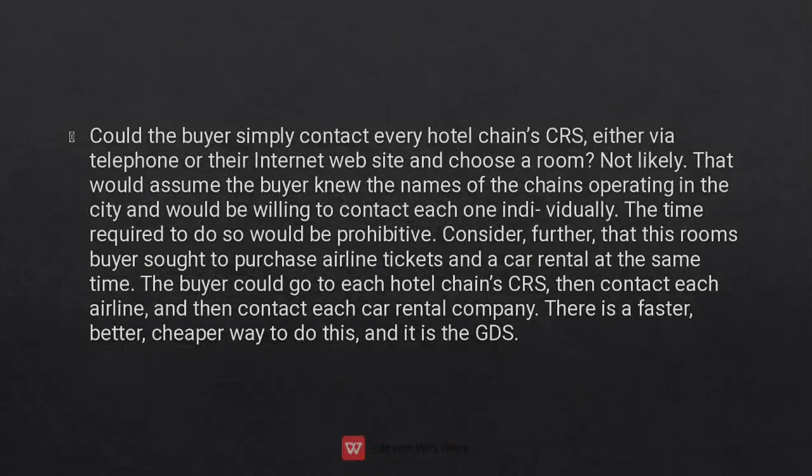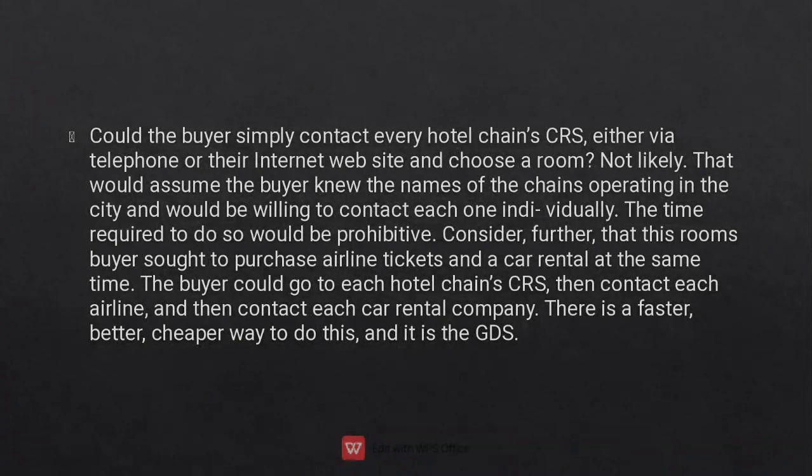Consider further that the room buyer wants to purchase airline tickets and a car rental at the same time. The buyer could go to each hotel chain CRS, then contact each airline, and then contact each car rental company. There is a faster, better, and cheaper way to do this, and it is the GDS.